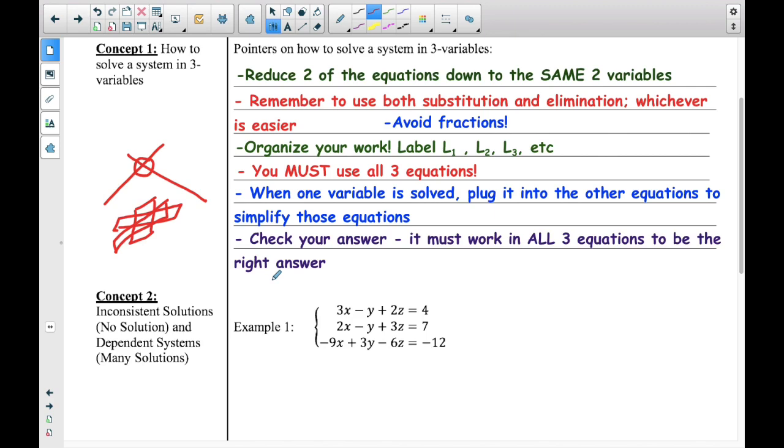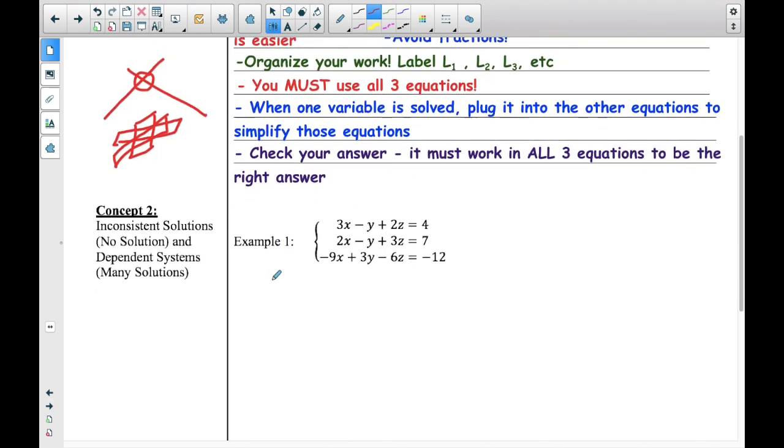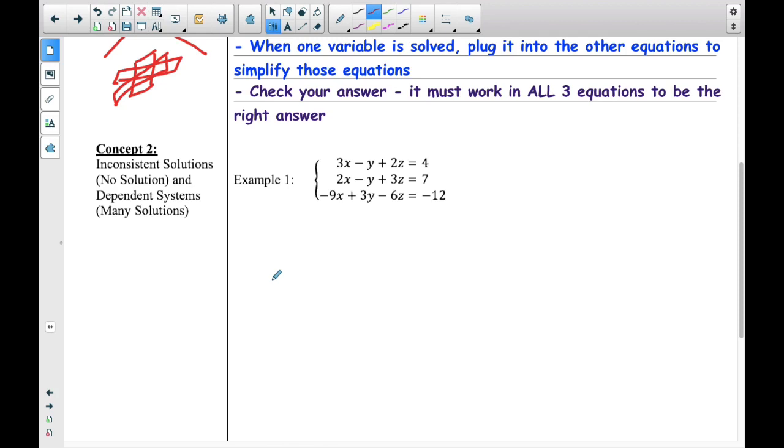Now, another thing is that we will have some where there is no solution and many solutions. Let's get back to thinking about those planes, that we could have one plane over here, and another plane over here, and we could have a third plane.